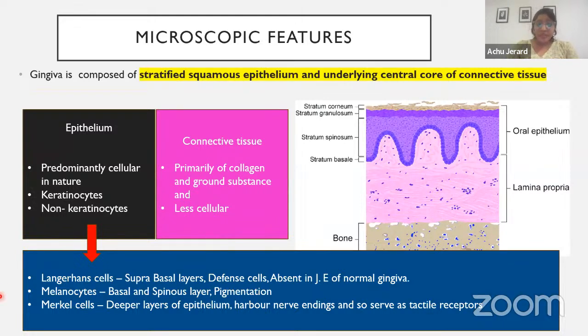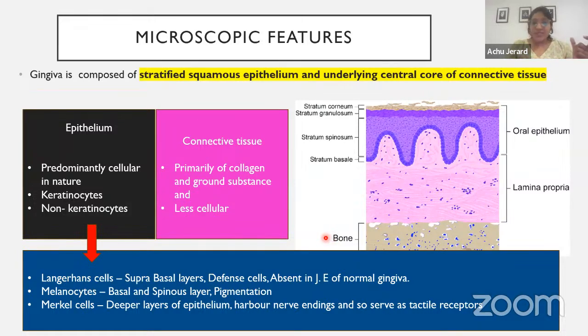How I remember it is, you have the non-keratinocytes as Langerhans cells, melanocytes, and Merkel cells, right? The Langerhans cells are defense cells, so they need to be available anytime an attack comes. So they are present in the suprabasal layer. And you have the Merkel cells, which are actually tactile receptors where nerve endings are present, and they give a sensation.